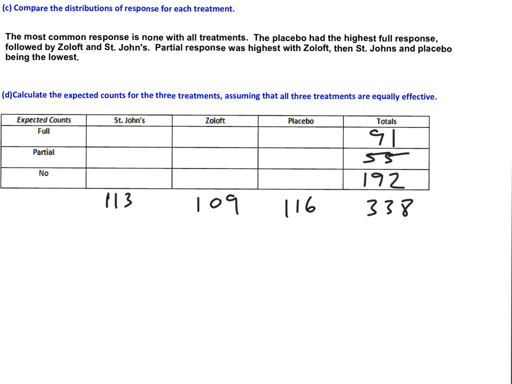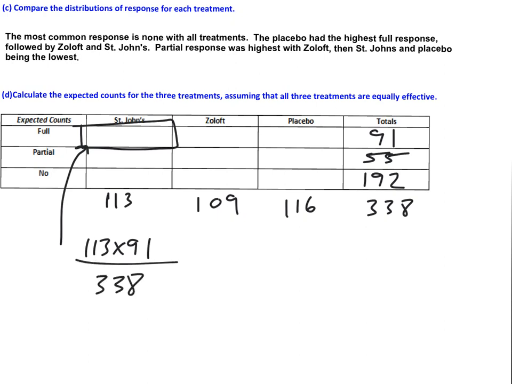Okay, so for right up here, it's the product of the column and the row, so I'm right here, divided by the total. And it would be 30.42.